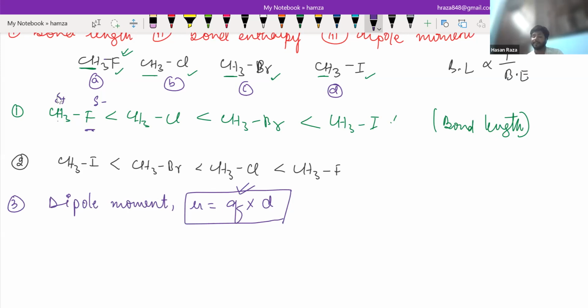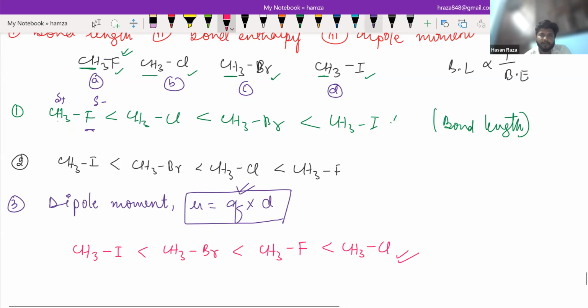If it is very highly electronegative, the charge will be highly negative and highly positive. So in the same way, if we arrange for dipole moment, the lowest dipole moment is CH3I, then CH3Br, then CH3F, and then CH3Cl.